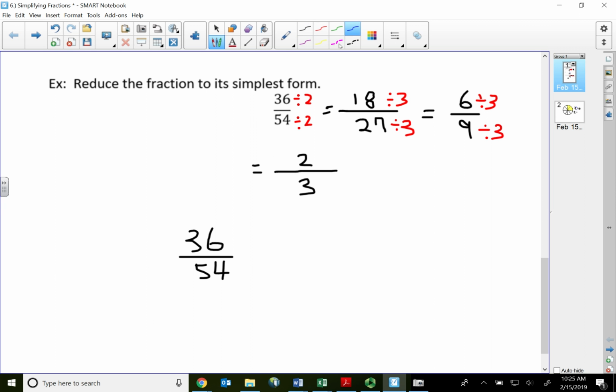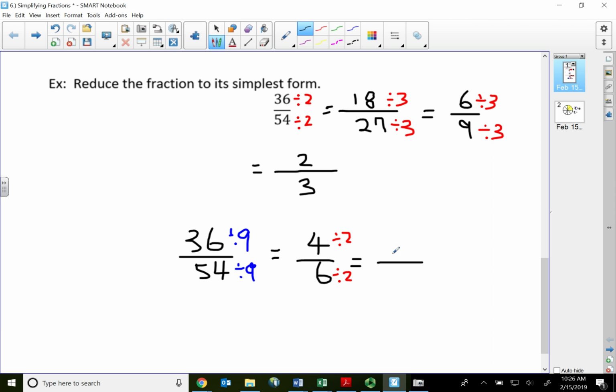So if I reduce both of these by 9 to start out with, right away I would know this is 4 over 6. And 4 over 6 can be reduced again by 2. That will give me my 2 over 3.